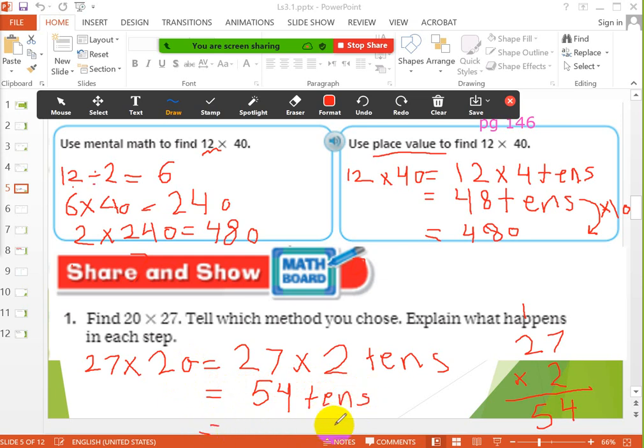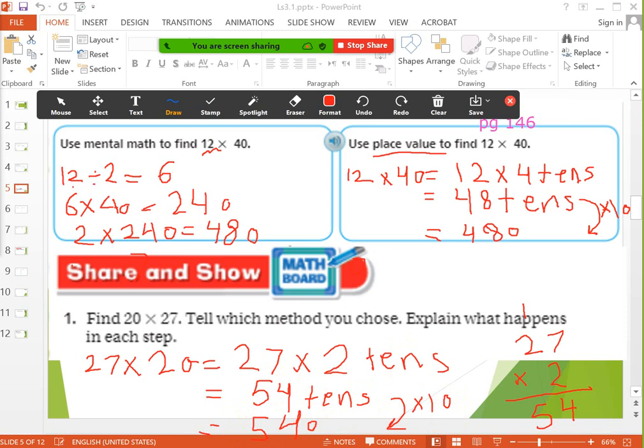Okay? Now if I want to write the number in standard form, I have to multiply this number with 10. So if you multiply this number with 10, it will be 540. Okay? So this is the final answer.